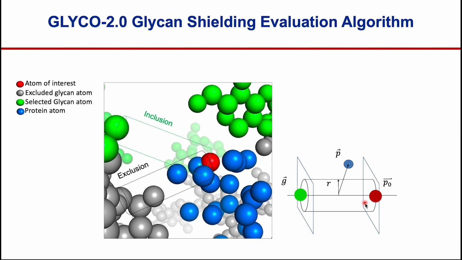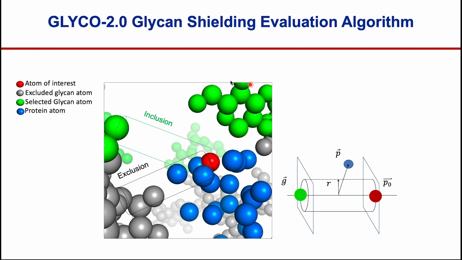Also, running multiple PDB files, such as an MD trajectory, the multiple frames from molecular dynamics simulations, normally involves several hundreds of PDB files, and we found that there was room to improve the computational time of GLYCO 1.0 so that we can better deal with multiple frames with hundreds of different PDB files.